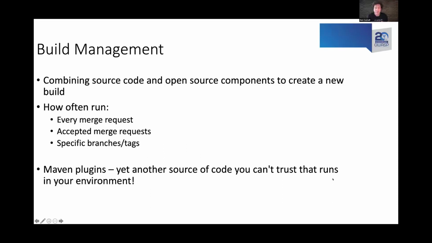That's another source of code that you can't trust. It's going to run in your environment, and it's going to get pulled from repositories out in the middle of who knows where. That's really scary. All of the plugin capabilities in these build management tools, or tools along the toolchain, make it really challenging to understand what is actually being run.